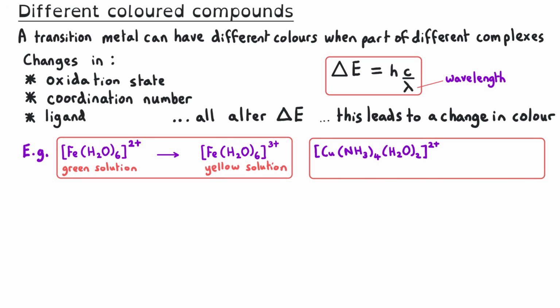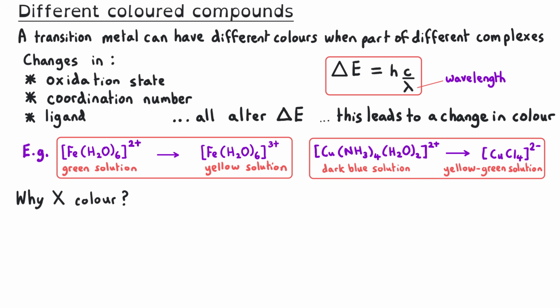As a second example, if we have a copper 2+ complex with 4 ammonia ligands and 2 water ligands, it will appear to be a dark blue solution. But if all 6 of those ligands are substituted for 4 chloride ligands, this change to the coordination number and change to the ligand will lead to the complex now having a yellow-green colour.